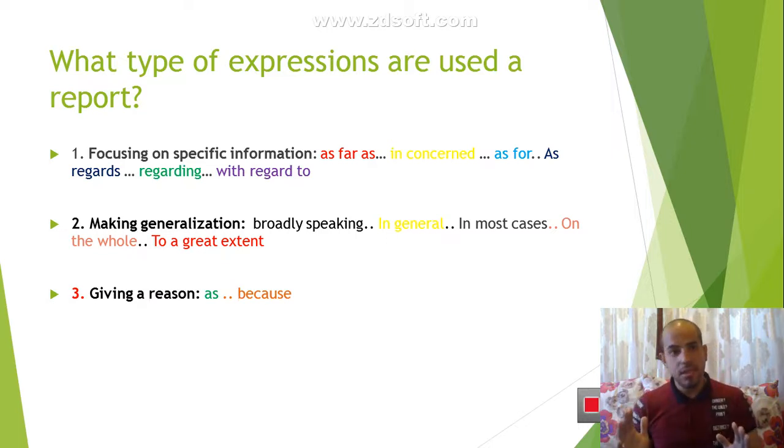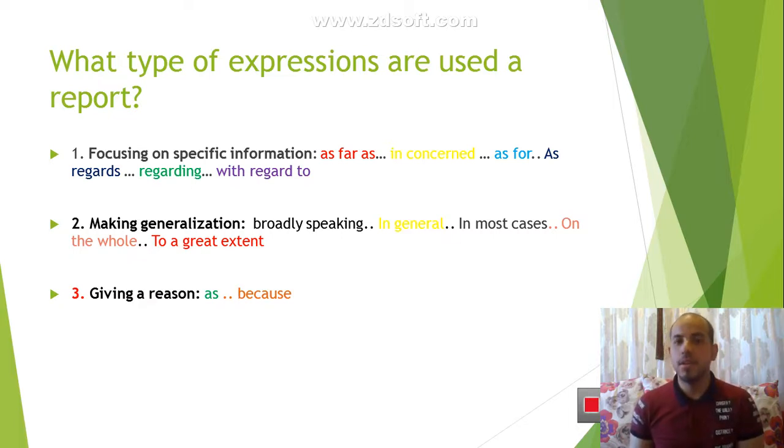In reports, there are three types of expressions. There might be more than these, but our concern today is focusing on specific information. Some expressions are used to focus on specific information.